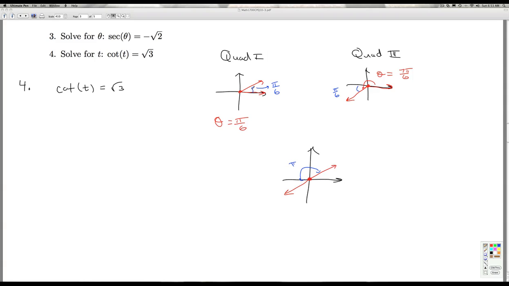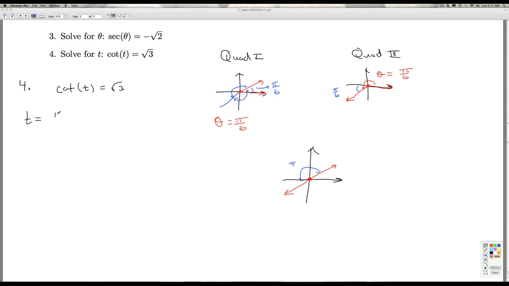That means I can generate all the solutions by starting with pi over 6 and then adding multiples of pi. Adding pi gets me to 7 pi over 6, then adding pi again gets me to 13 pi over 6, and subtracting would take me backwards this way. So with tangent and cotangent, these values are always pi units apart, and that lets us simplify the solution.